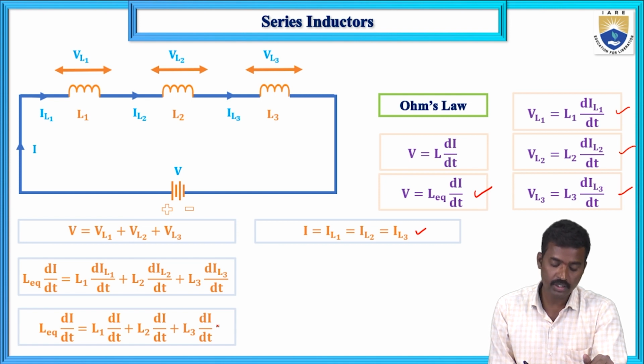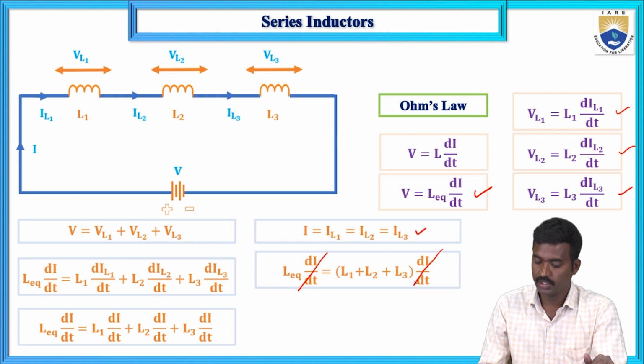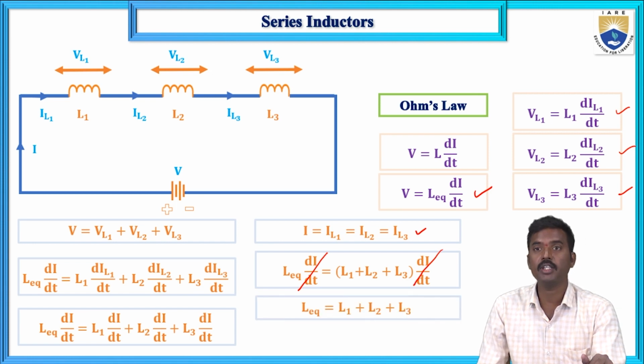On the right-hand side the common term is di by dt, so you can take it common: L equivalent di by dt equals L1 plus L2 plus L3 times di by dt. The common term di by dt on the left and right can be cancelled. So the final equation is L equivalent equals L1 plus L2 plus L3.